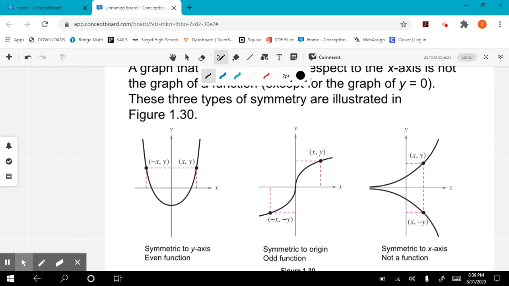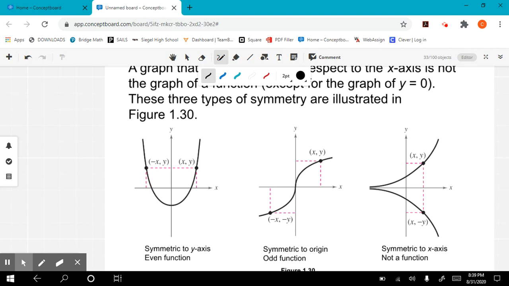This is called an odd function. All right, notice a negative x makes a negative y. Here, a negative x still makes a positive y. Now, here, the x-axis, all right, we can't say odd or even here because now we are looking at something that is not a function, right?